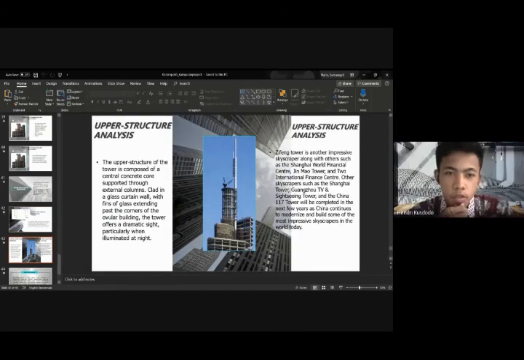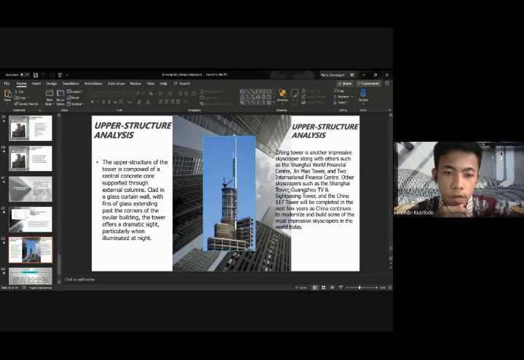Upper structure analysis. The upper structure of the tower is composed of a central concrete core supported by external columns set in a glass curtain wall, with fins of glass extending past the corner of the upper building.